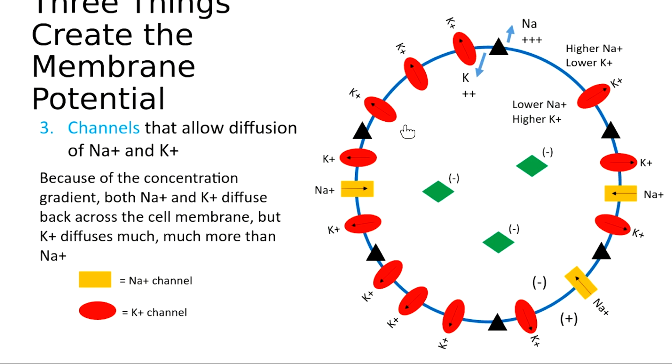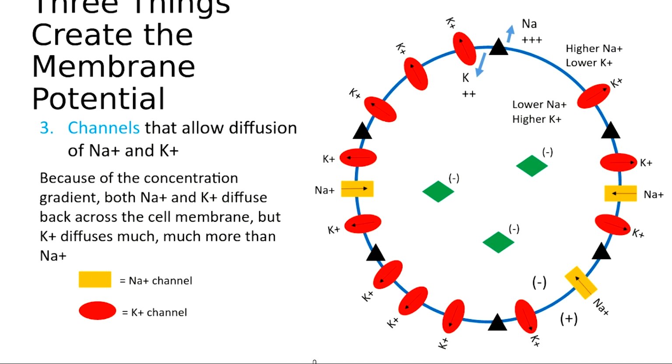Because of that, when potassium diffuses, which is a passive transport process, it's only able to move from an area of its higher concentration to an area of its lower concentration. That means that potassium is going to move through these channels from the inside of the cell to the outside of the cell. So we've got positive charge that's leaking back in. We've got positive charge that's leaking back out.